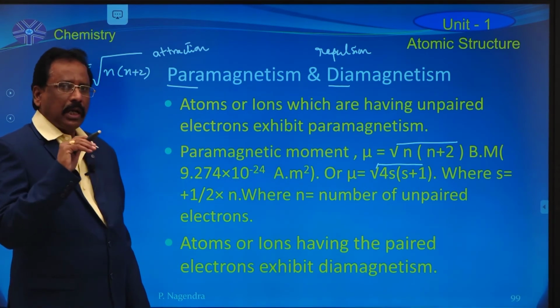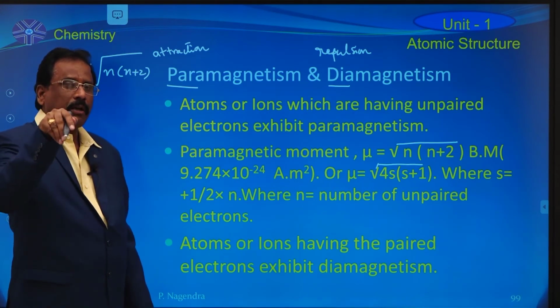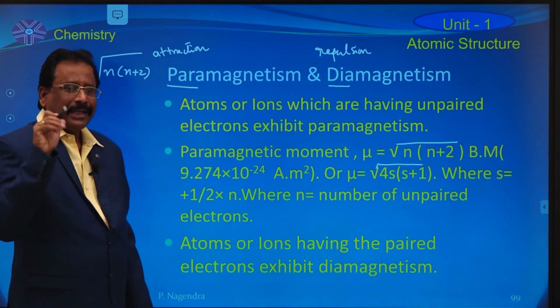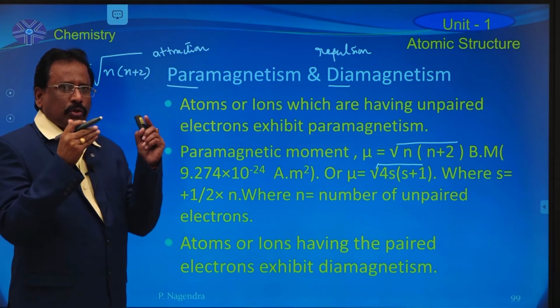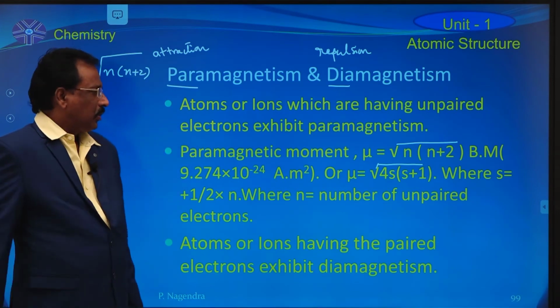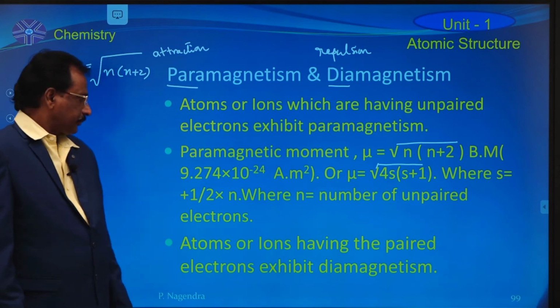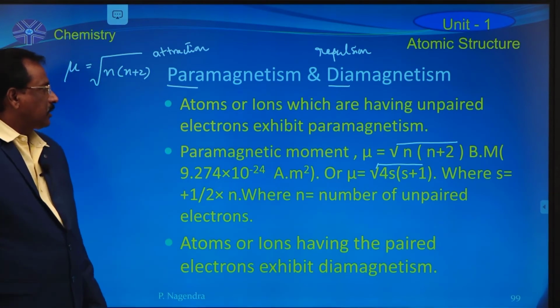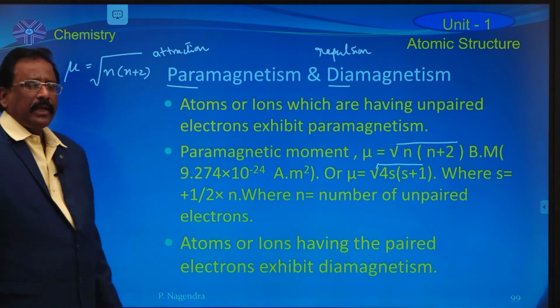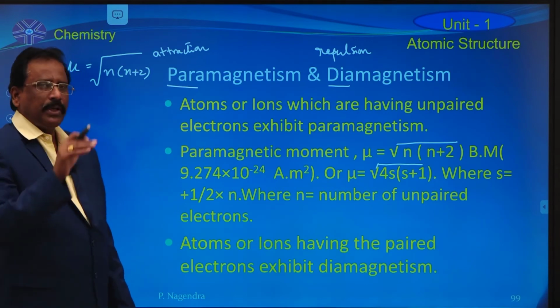If the atom or ion has more unpaired electrons, that atom or ion shows more attraction towards the applied magnetic field. The opposite statement is diamagnetism. Dia means repulsion.